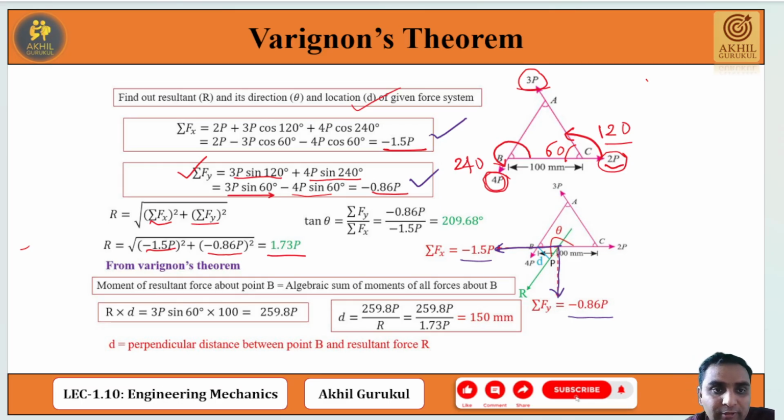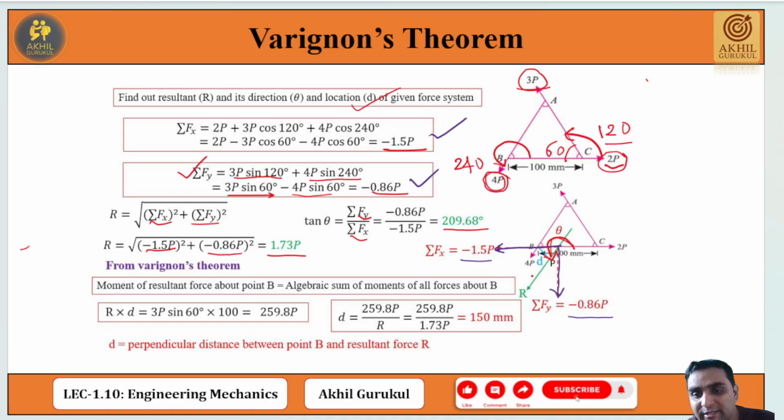So we have to calculate the direction. The direction is taken from the positive x-axis in the anti-clockwise direction, which is theta. So what is the value of theta? Theta is the inverse tangent of sigma fy over the algebraic summation of sigma fx, so it will be 20.968.